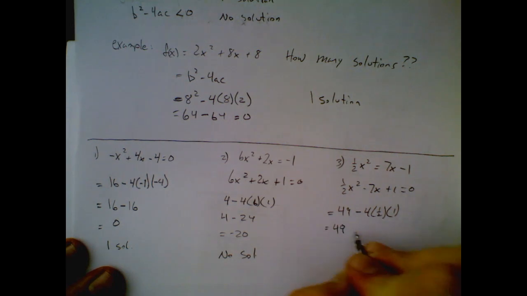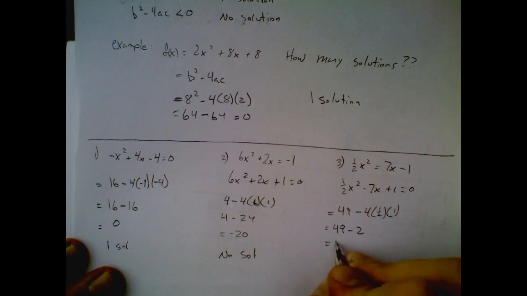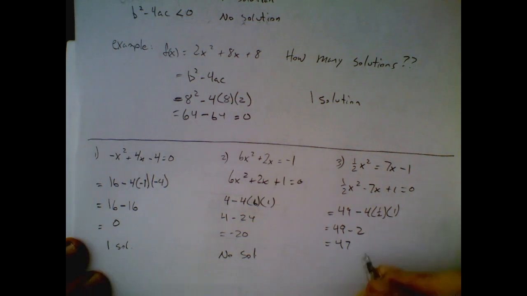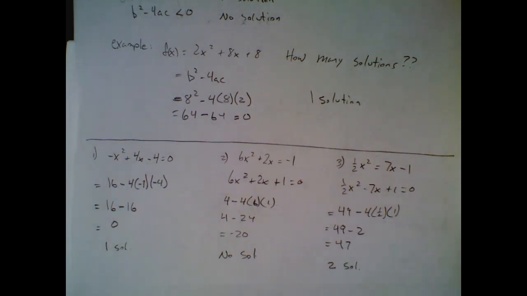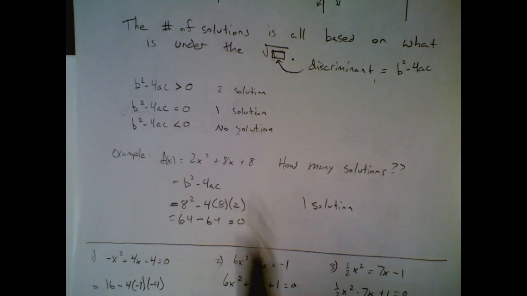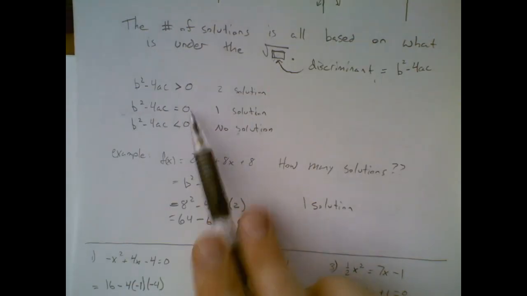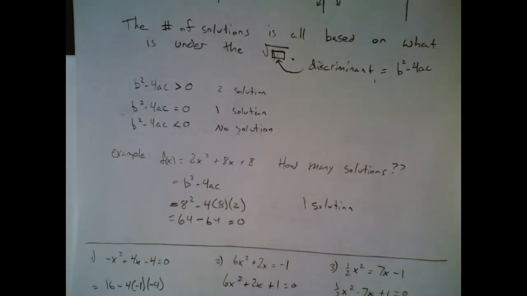Well, 49 minus, and that becomes 2, which is just 47. 47 is a positive answer, so that means there are 2 solutions. So whenever you're just looking for the number of solutions, all you have to do is figure out what the discriminant is. Is the discriminant positive, 0, or negative? And that tells you your number of solutions.